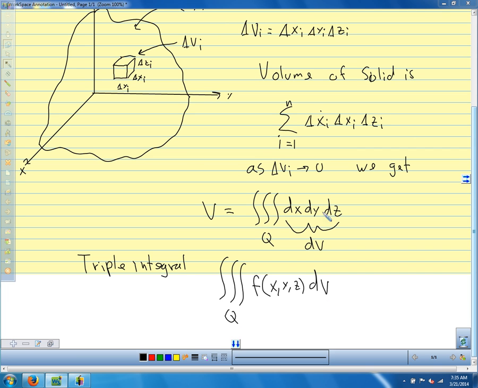And in this particular instance, our dx, dy, dz would be dv. So this would be the triple integral of f over our region Q.